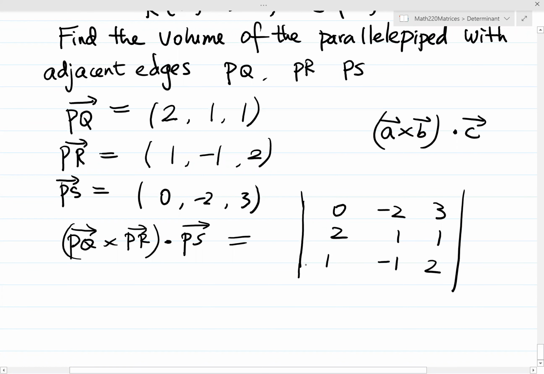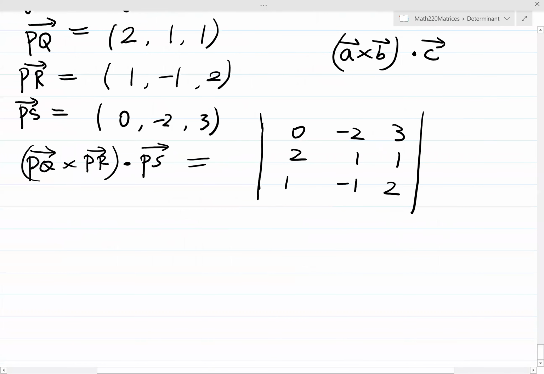And then this is a 3 by 3 determinant. So we compute this.